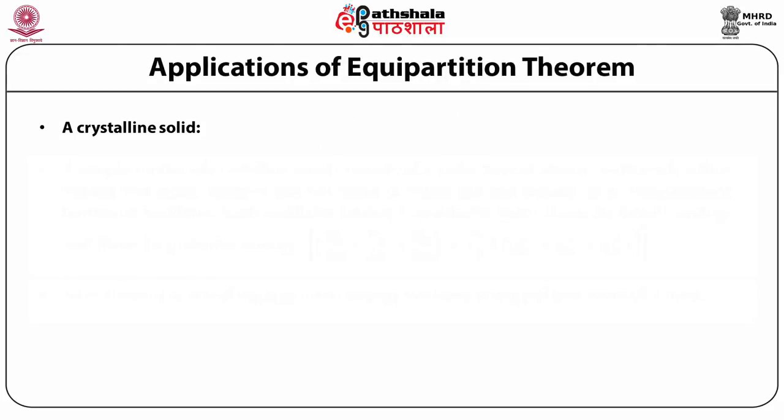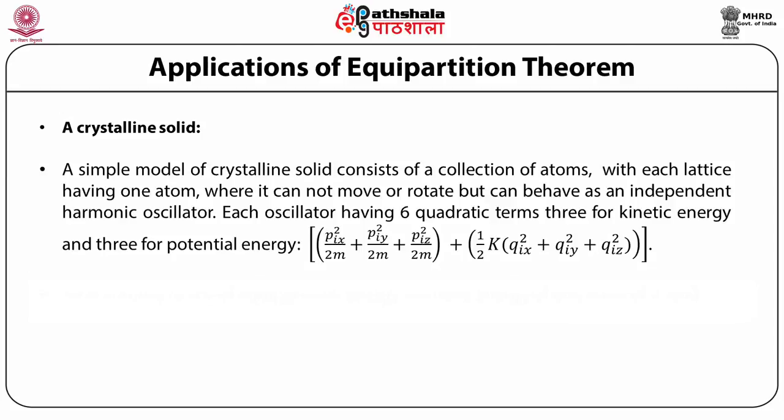Now let us take the case of a crystalline solid. A simple model of a crystalline solid consists of a collection of atoms, with each lattice site having one atom, which cannot move or rotate but can behave as an independent harmonic oscillator. Each oscillator has 6 quadratic terms, 3 for kinetic energy and 3 for potential energy.